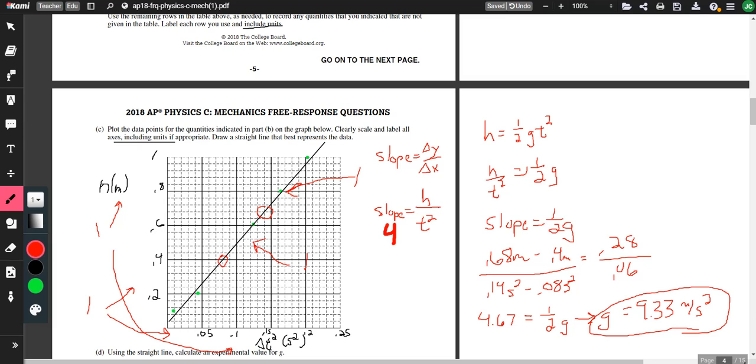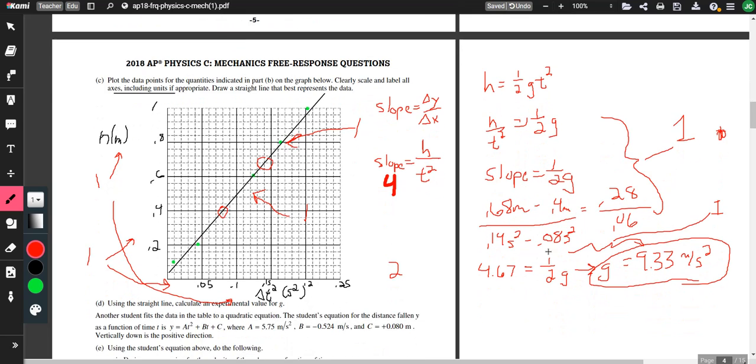All right, so this was worth 2 points. You got 1 point for doing the slope, and 1 point for recognizing that you have to double the slope to get the acceleration.